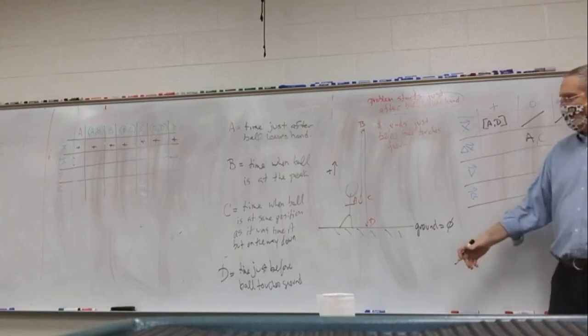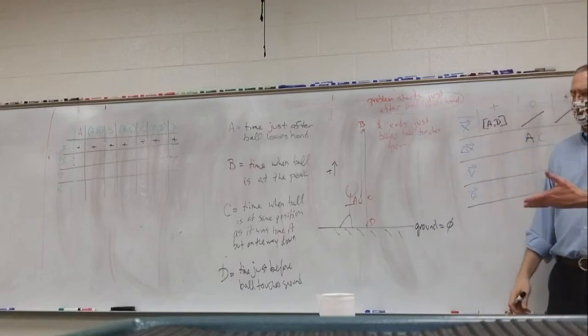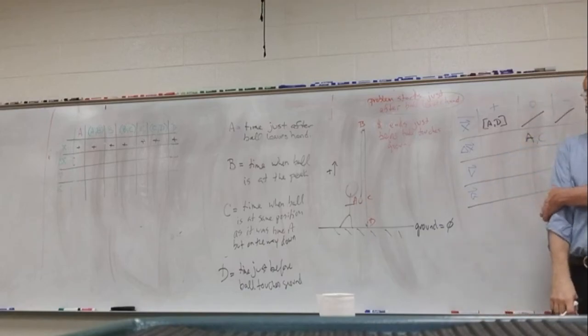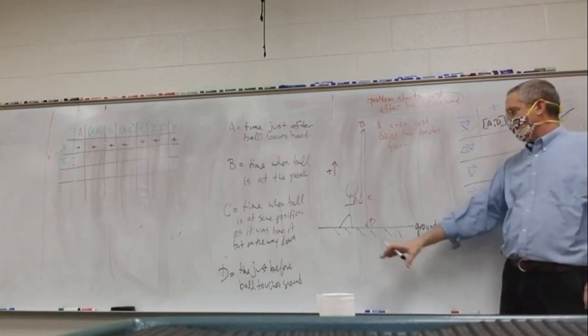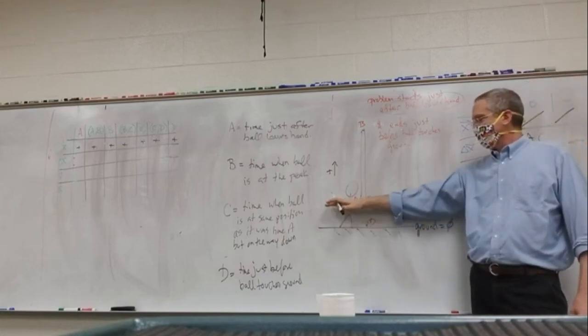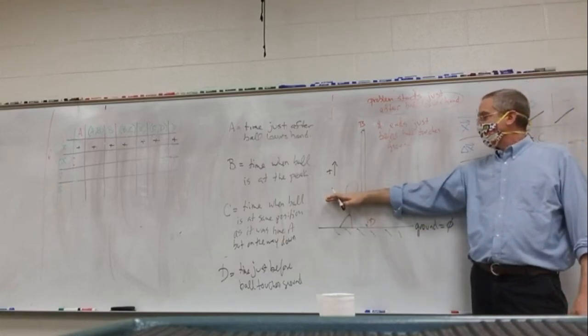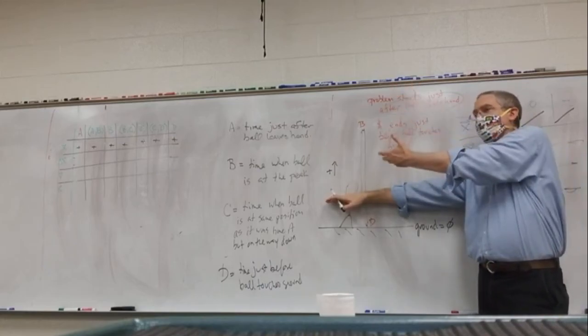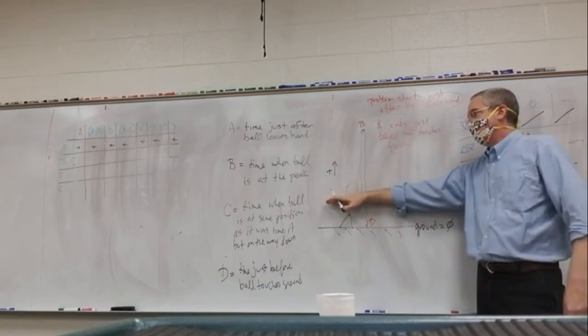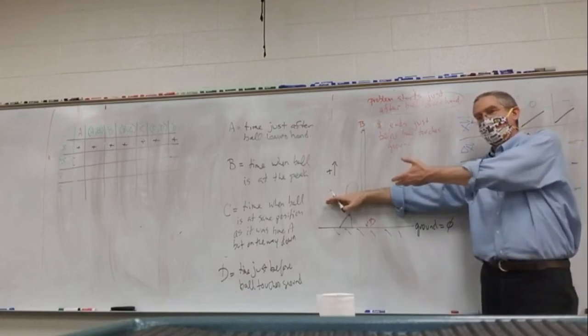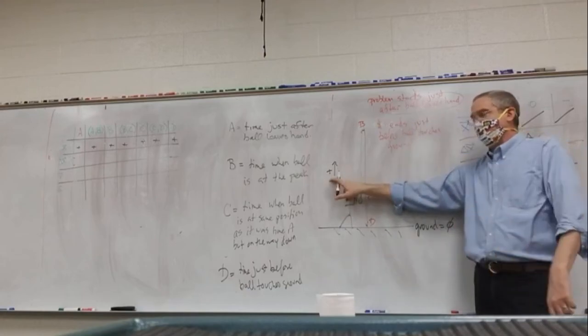So all we've basically done is, in a sense, the displacement versus position is just changing your coordinate system. Position cares about here, displacement cares about here. So displacement is positive when it's above there, and negative when it's below there. The reason it's positive above there is because I said up was positive.